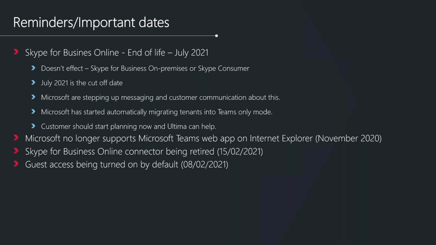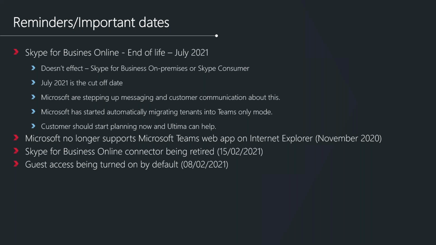Microsoft are no longer supporting Internet Explorer for the Teams web app. If a user does use Internet Explorer, they will get a message redirecting or asking them to download the desktop client instead. So it's just something to be aware of from a user training and communication point of view. On the management side of things, the Skype for Business Online connected PowerShell module is being retired mid-February.